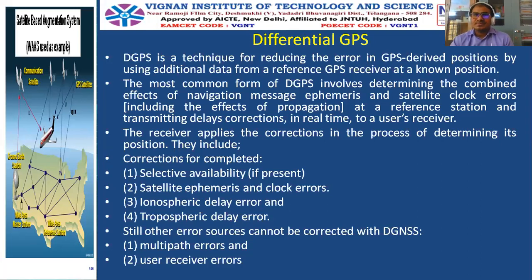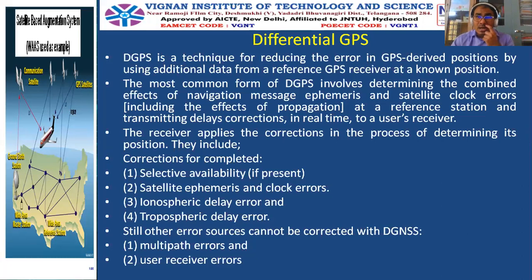Right? And the most common form of differential GPS involves determining the combined effects of navigation message ephemeris and satellite clock errors, including the effects of propagation at a reference station, and transmitting the delay corrections in real time to a user's receiver.